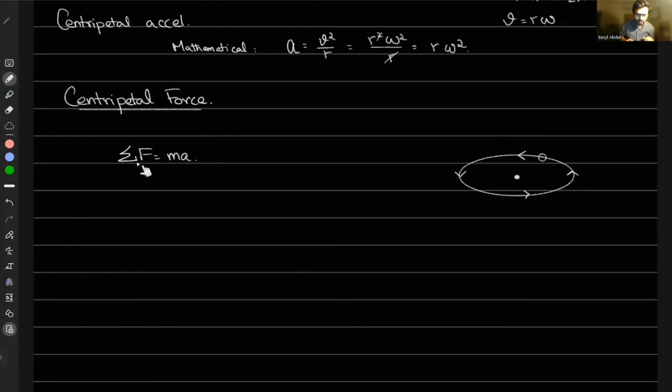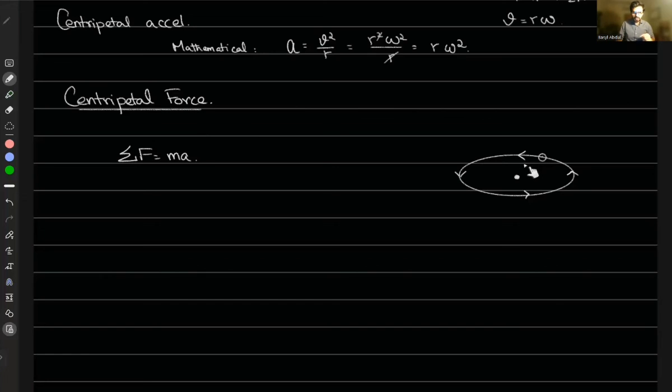Now, this resultant force that acts on the body is known as the centripetal force, which is really a force which is keeping this body towards the center of my circle. So it ensures that the body is in a circular orbit around this center. Now, this kind of force is going to have absolutely zero effect on the magnitude of the velocity, right?